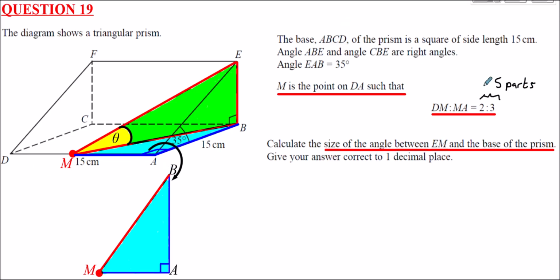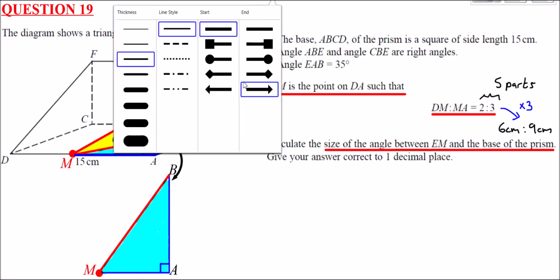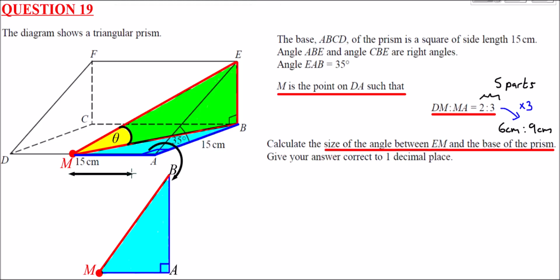We need to therefore multiply 5 by 3 to arrive at 15 centimetres. So if we take these values here and multiply by 3, we therefore get 6 centimetres for DM, and 3 times 3, 9 centimetres for MA. So let's label this on. So from M to A is 9 centimetres. So we can label this on here.